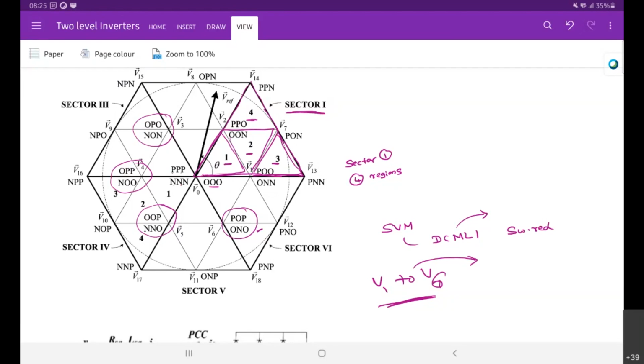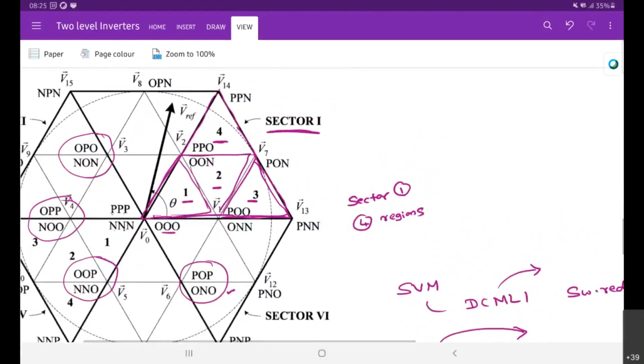Sir, can you please repeat the sector 1 triangle? Okay, this one. This is simple, right? So this is one triangle.